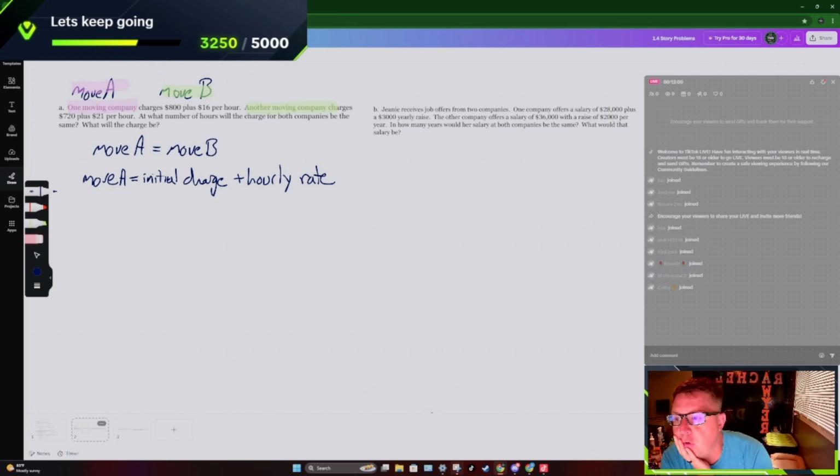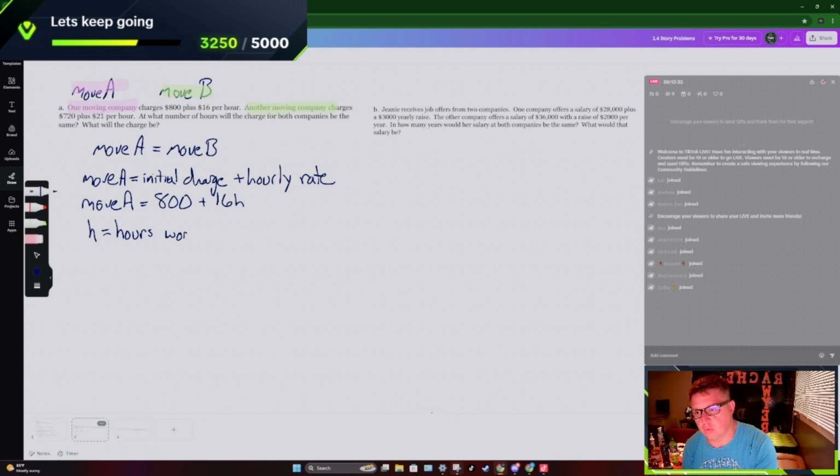So when we look at move A, the initial charge is going to be $800. Okay, so that's your down payment, and then the recurring charge, we're going to do $16 per hour. So we'll label it H for hours. So we will say H equals hours worked. Okay.